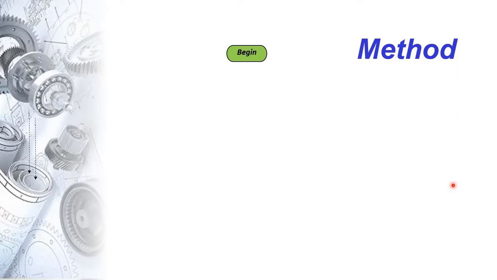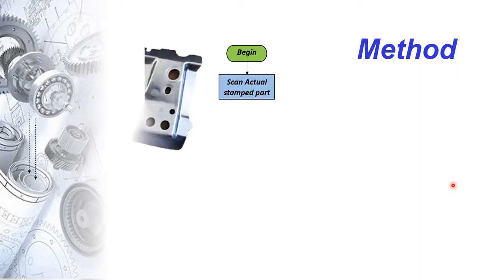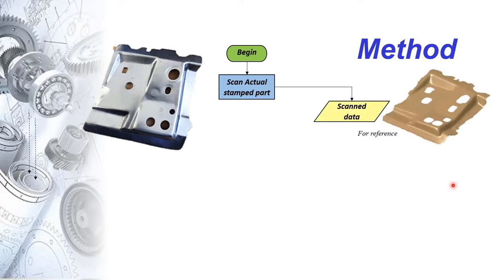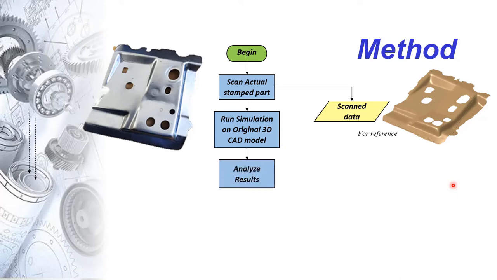The method of this study starts with scanning the final step part, and the result of scanning is stored for reference. And then run simulation on the original 3D CAD model of the original design. Then analyze the result.